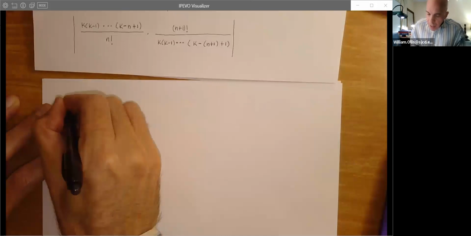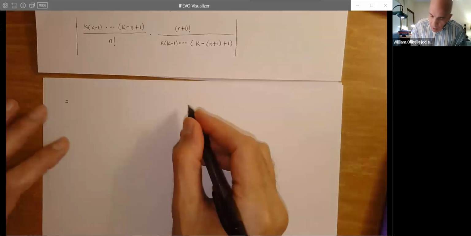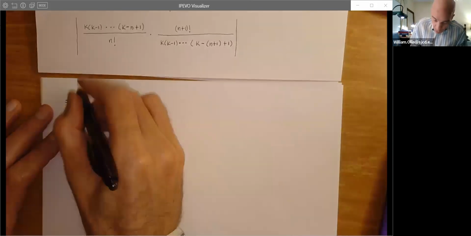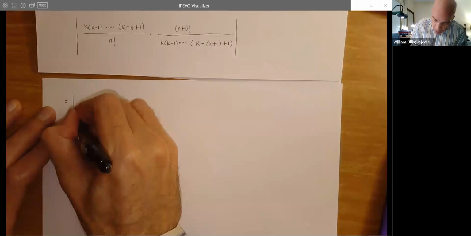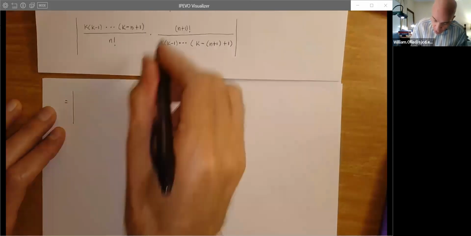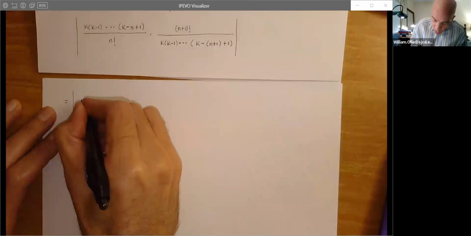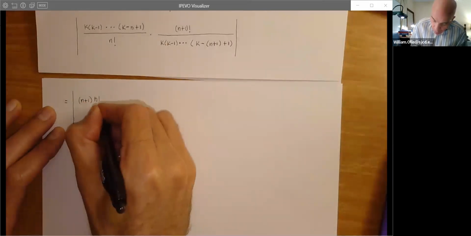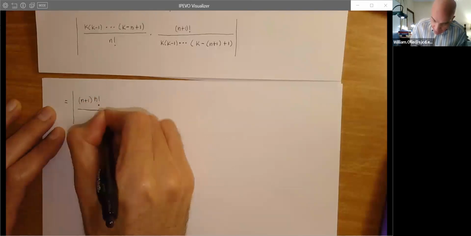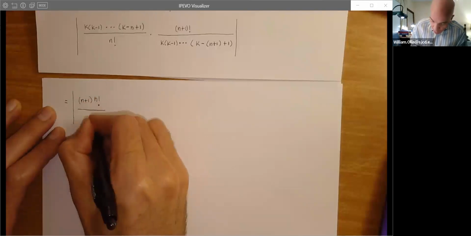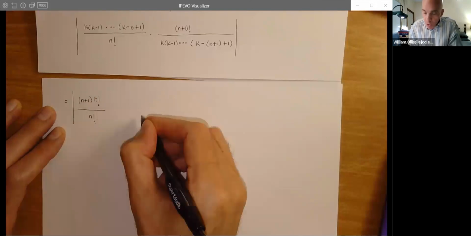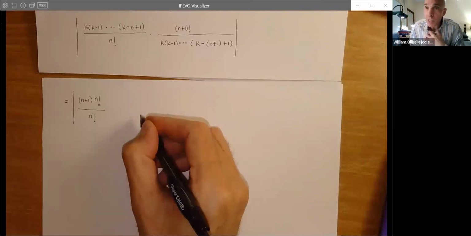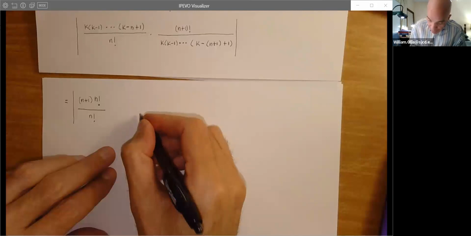So now we're thinking, okay, well, let's go ahead and pair things up and rewrite them. Let's put our n factorials together. So this will be n plus 1 times n factorial. And here we just get n factorial. The n factorials will absorb. So you pair them up just like we do with the ratio test.